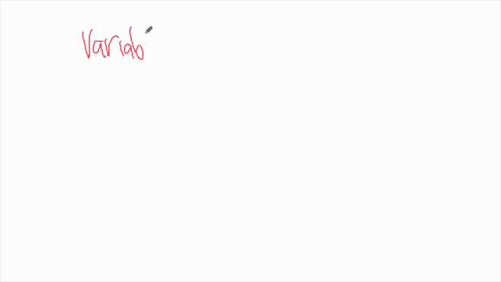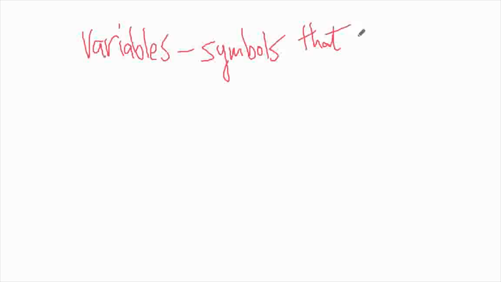So variables: these are letters that represent, or they don't necessarily have to be letters, and they could be letters with subscripts. So let me just say symbols to be more generic. Symbols that represent unknown values.